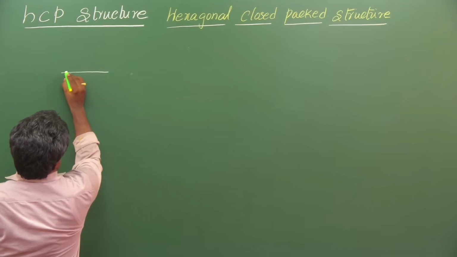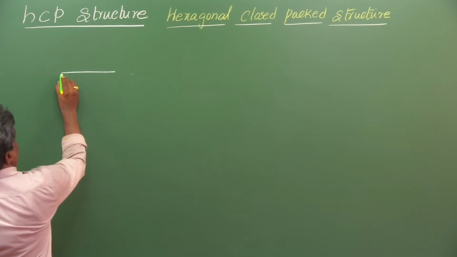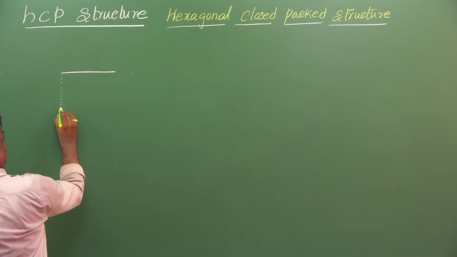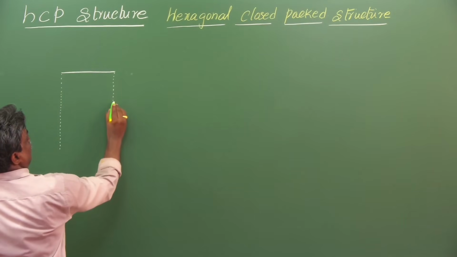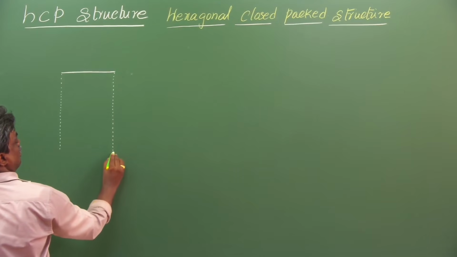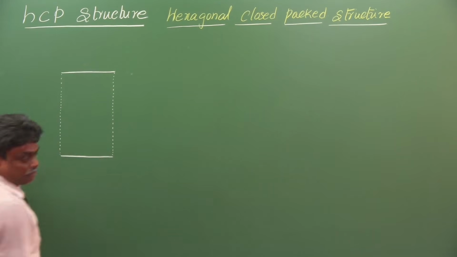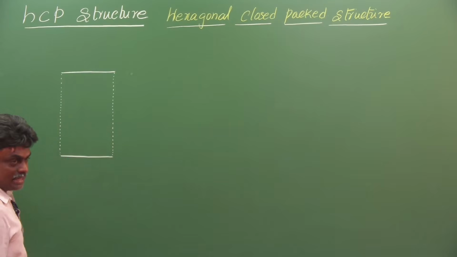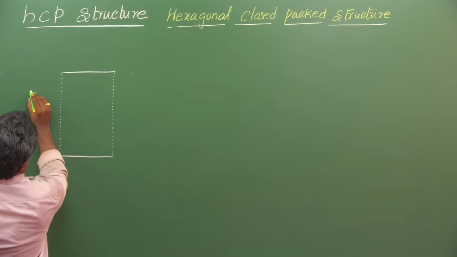Take a line like this. I hope you are observing. And next take dotted lines. Whatever height you want, you can take and close it. Take the dotted lines here, and after that a little bit down, here, a little bit down.